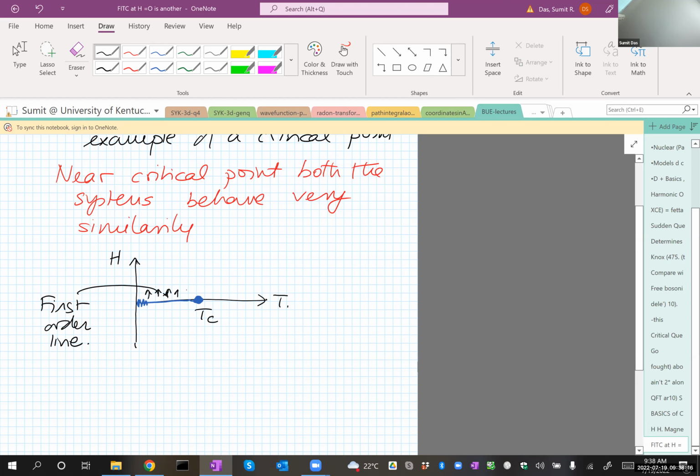So he said, what can the free energy be? The free energy will be an integral over all points, which I have labeled by x. D is the number of space dimensions.